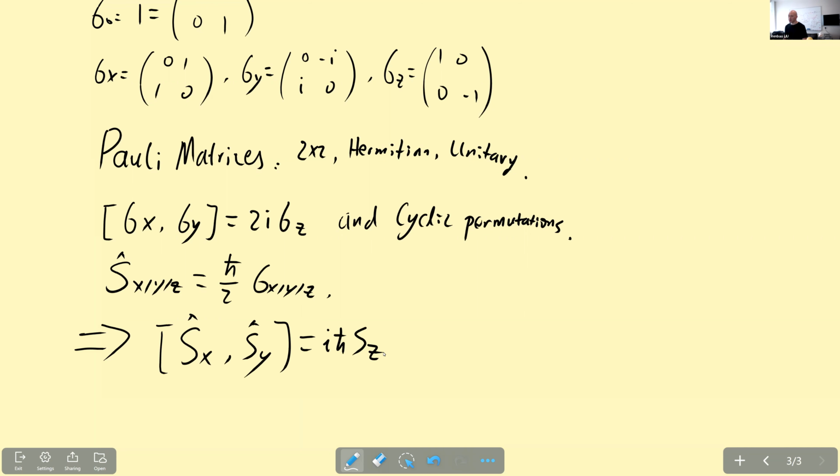So this is very intriguing, right? Of course, there are cyclic permutations.